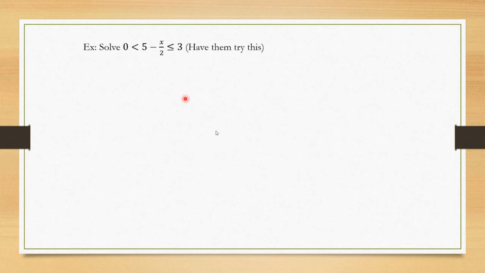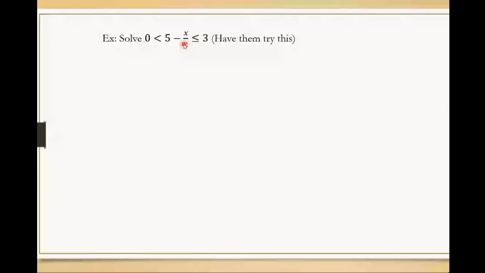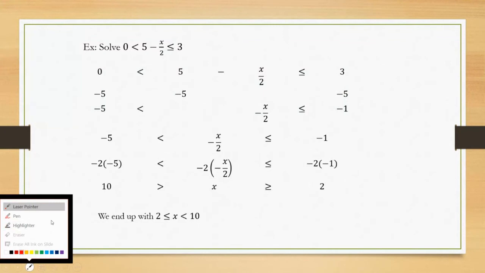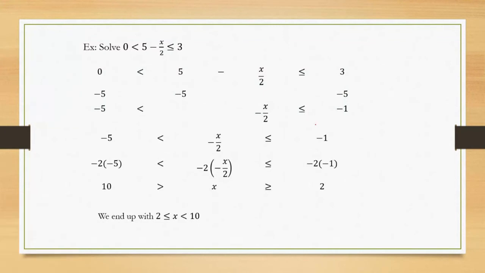So what we want to do is get x all alone between the two. And I know there's a mistake over here. Let me just fix that. Namely, 3 minus 5 is not -1, it's -2. So let me fix that. I think, if I'm right, that's the only mistake.